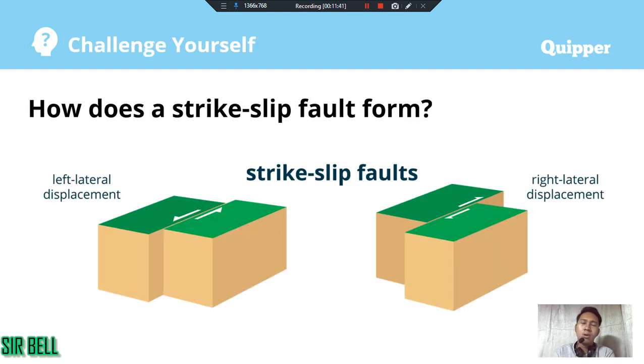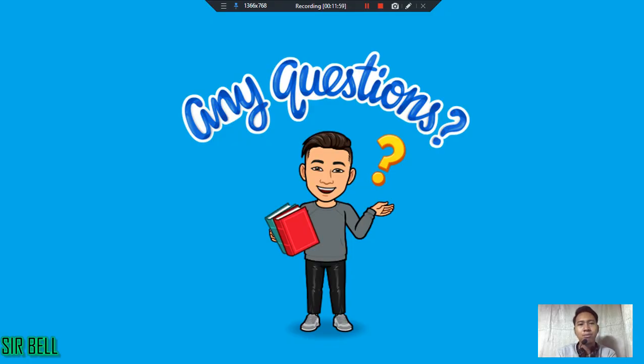Alright, so now I want you to ponder and think. How does a strike slip fault form? I want you to write that in your notebook, and then in our further discussion on Zoom classes, I will ask you this type of question again and we'll see what you got. Alright, do you have any questions? Kindly write them down in your notebook, and during our synchronous session, I will try to answer these questions.